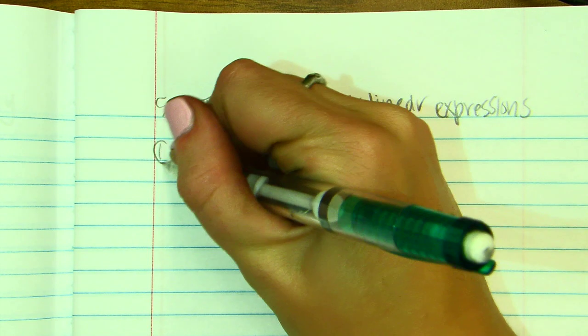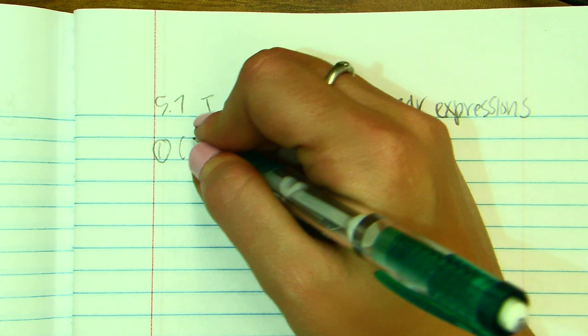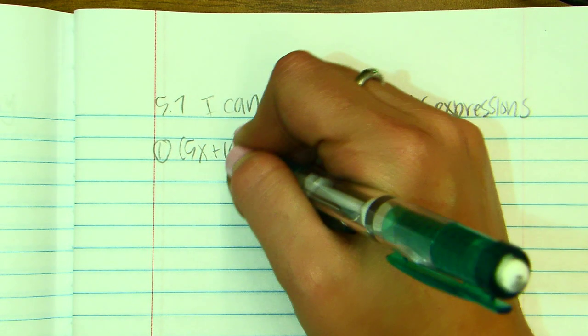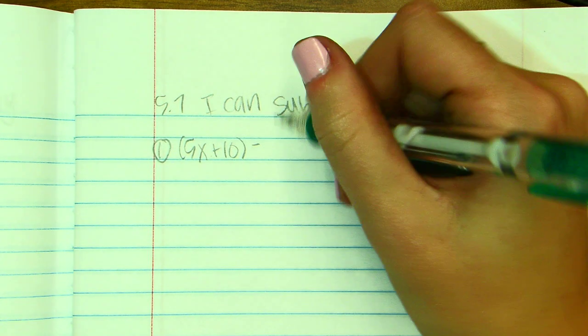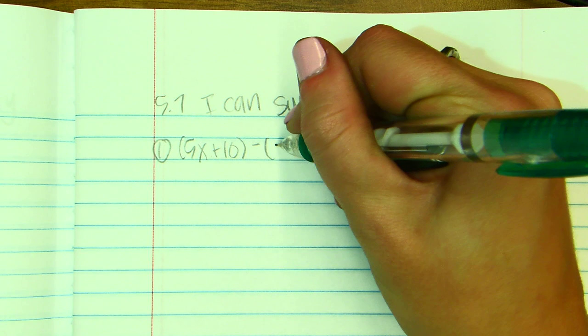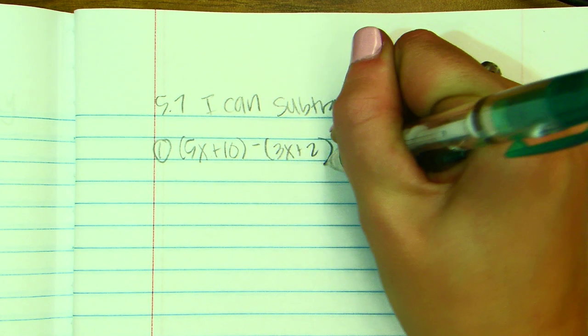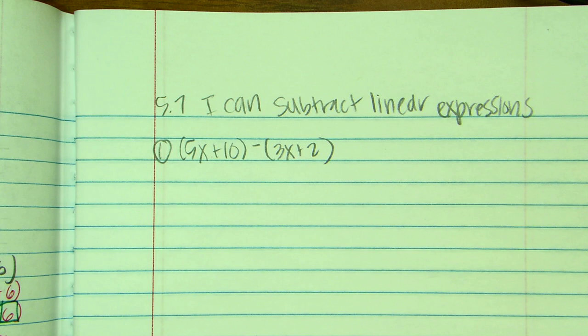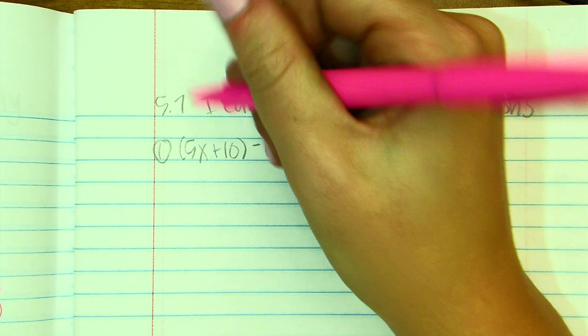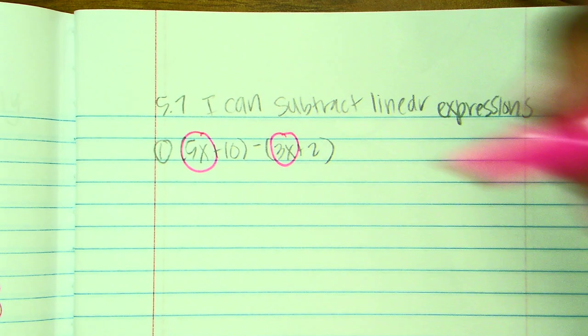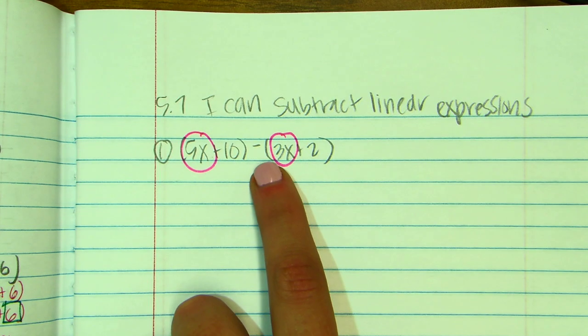So for example 1, let's do 5x plus 10 minus 3x plus 2. So again, we're looking for like terms. 5x and 3x are like terms, but we're subtracting.